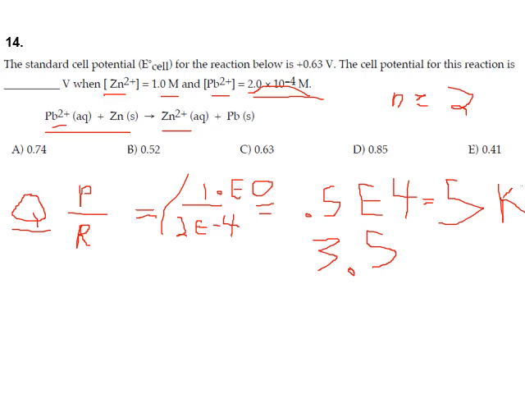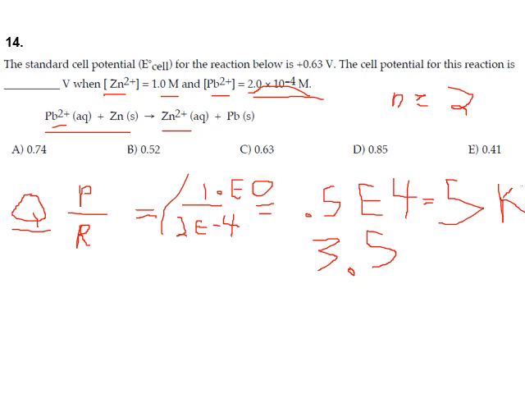So what we're going to wind up with here is 0.0591 divided by 2, and it's all done on a slide after this. And then that's going to be multiplied by something like maybe 3.4 or something like that.